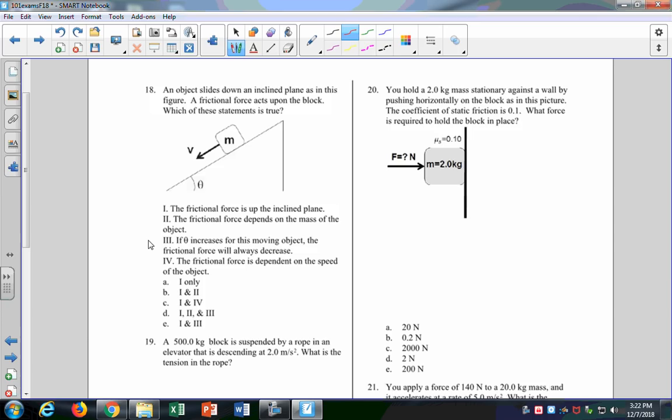I could say the frictional force is dependent upon the mass of the object. Oh, that's on there. I can say the frictional force increases if the speed of the object increases, right? That's not a true statement. The kinetic frictional force stays constant. So it could be a whole new batch of questions, but it'd still be about an object with a frictional force on an inclined plane.